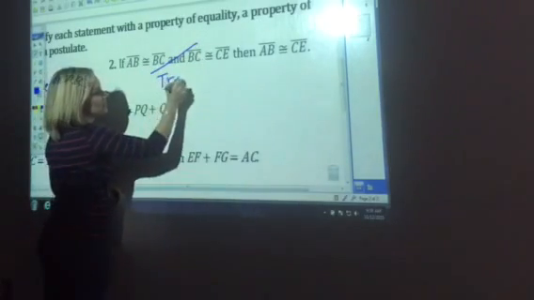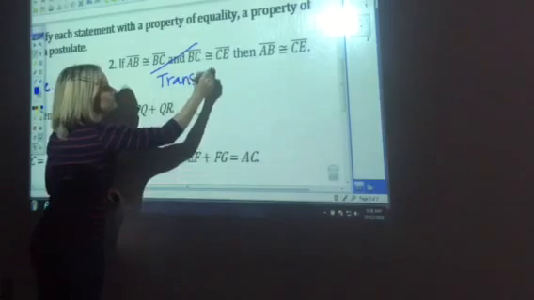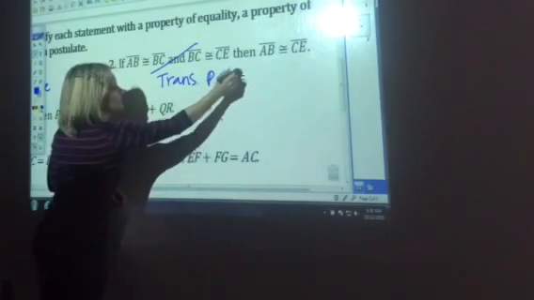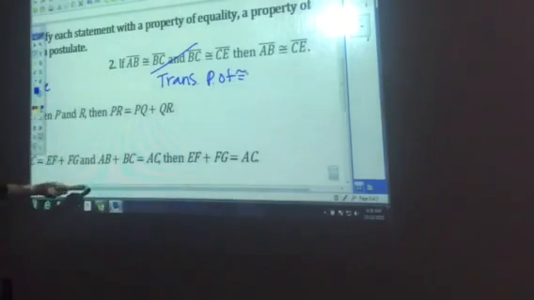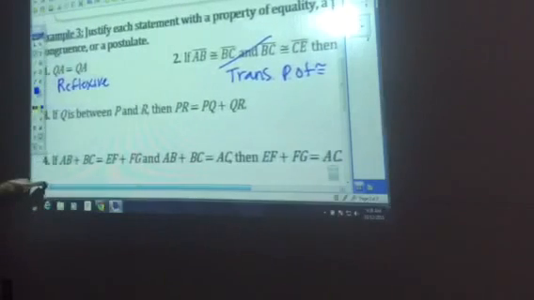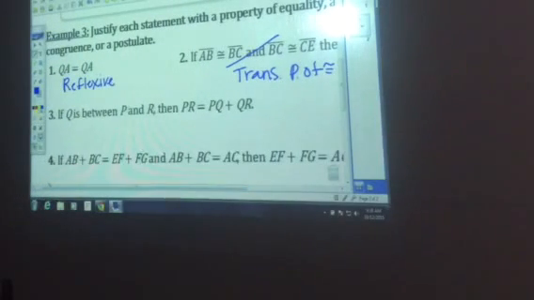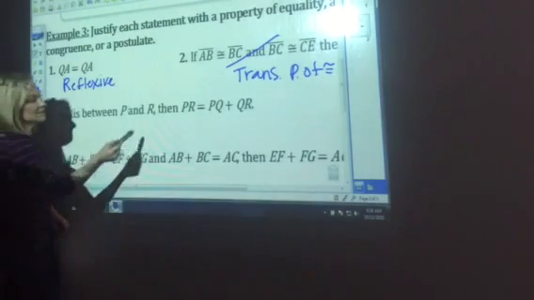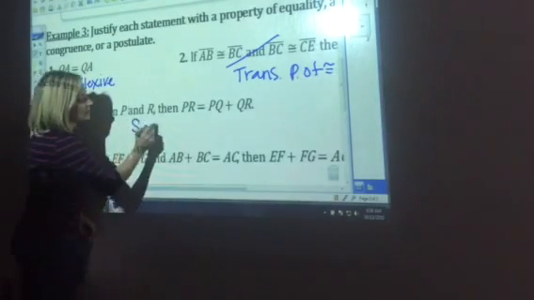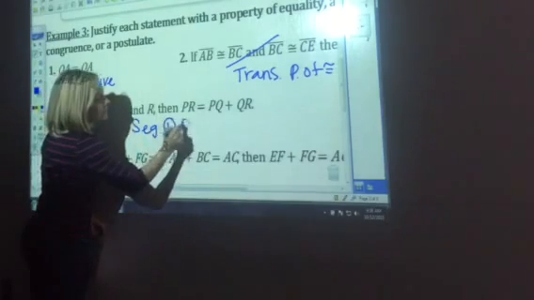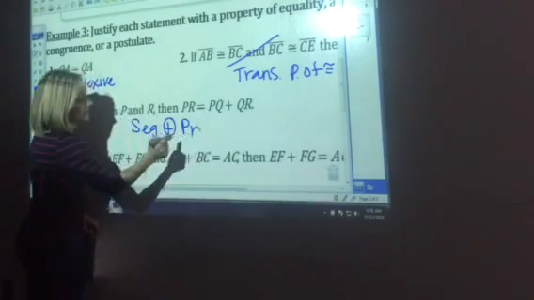That would be the transitive property, and you could say congruence if you want to. The next one says if Q is between P and R, then PR is equal to PQ plus QR. That would be your segment addition postulate. On the other side, segment addition postulate.